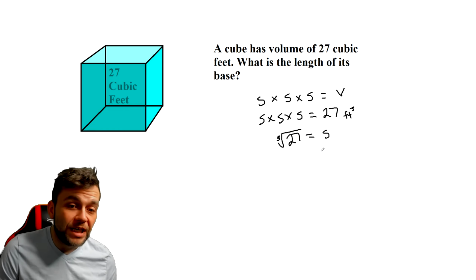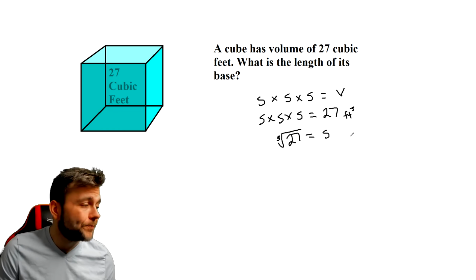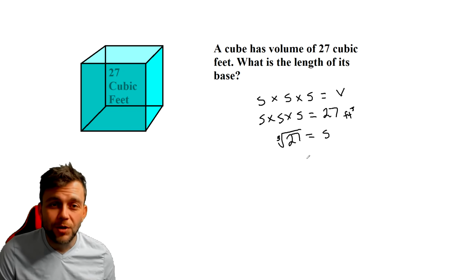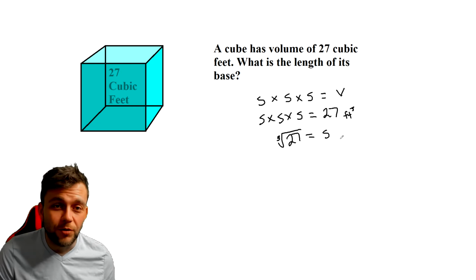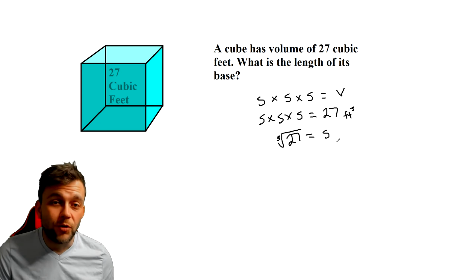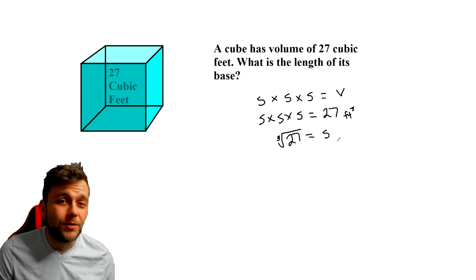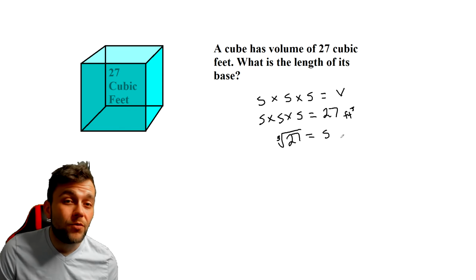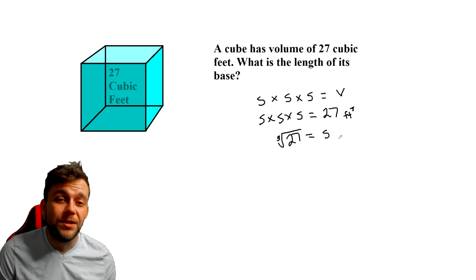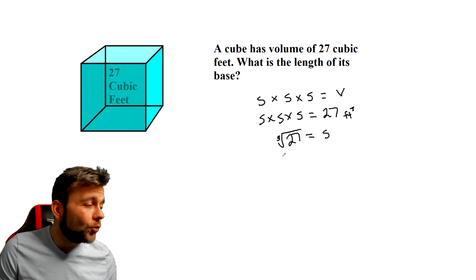So just think. 2. What's 2 times 2 times 2? Well, 2 times 2 is 4, times 2 is 8. So it's not 2. What about 3? 3 times 3 is 9, times 3 is 27.